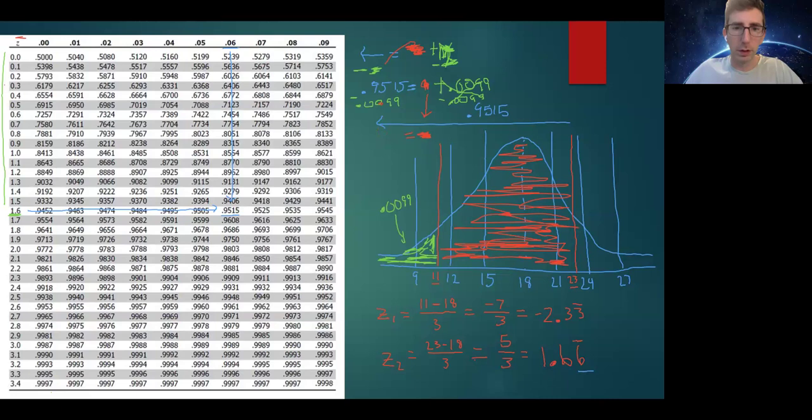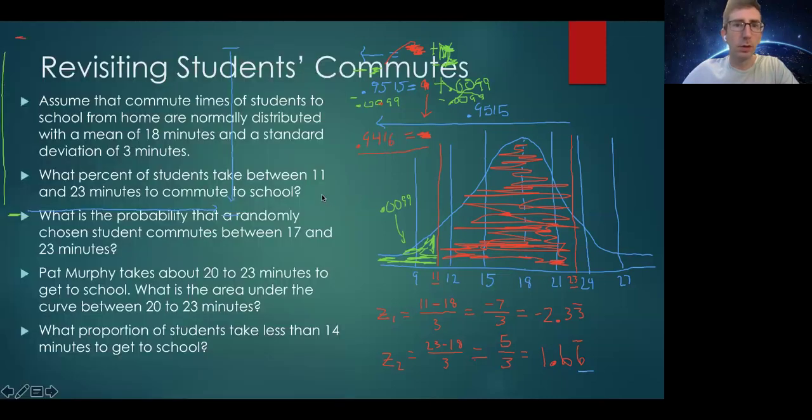Mouse disappeared on me. Okay, one more time. We get 0.9416, and that would be the area under the curve, which is exactly what we're looking for. So again, the answer to this first question would be 0.9416, or you could write it 94.16%.